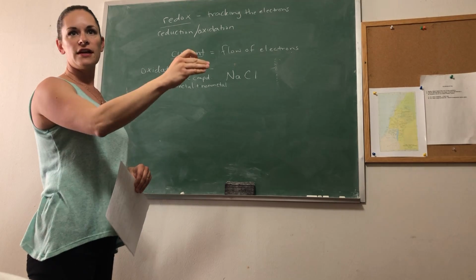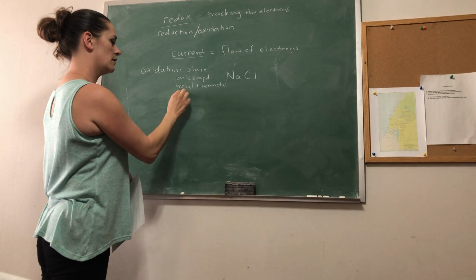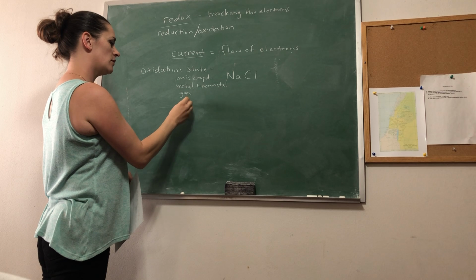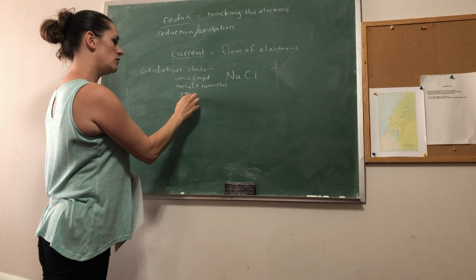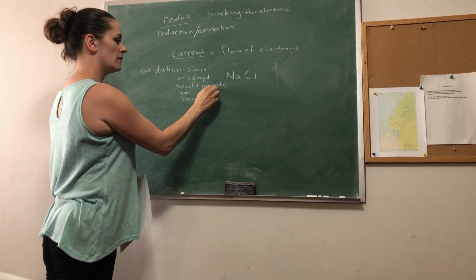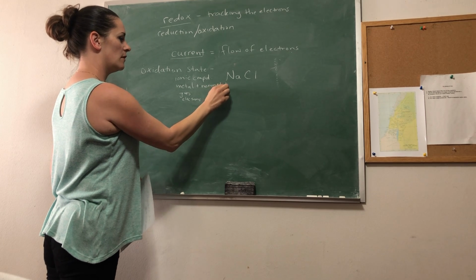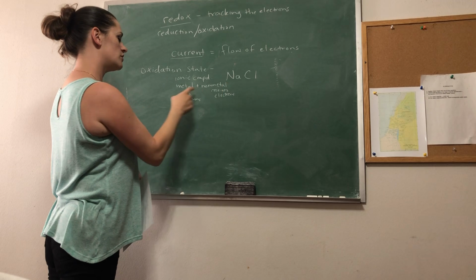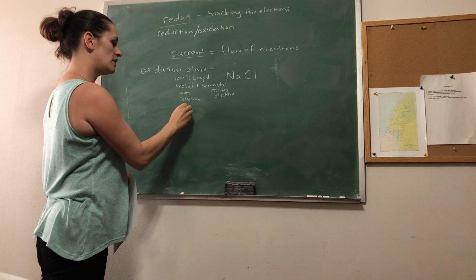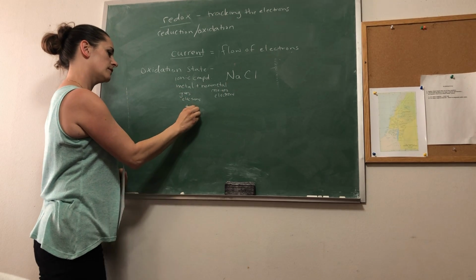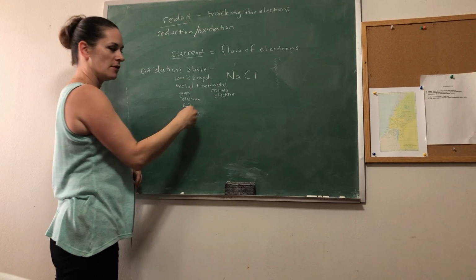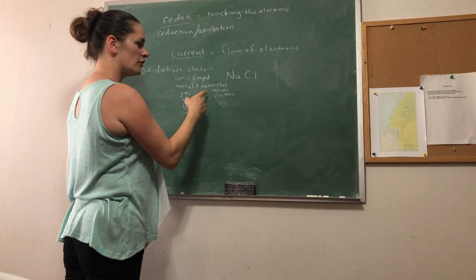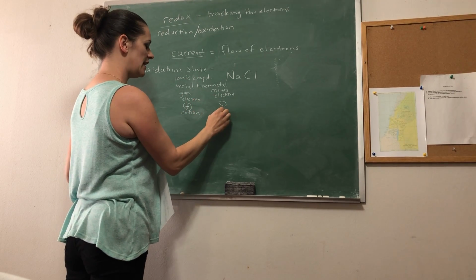That metal gives its electrons, 1, 2, 3, 4 electrons, to the nonmetal, resulting in charges. So the metal gets a positive charge and is the cation. This should all be reviewed. The nonmetal gets a negative charge from acquiring electrons and is the anion.